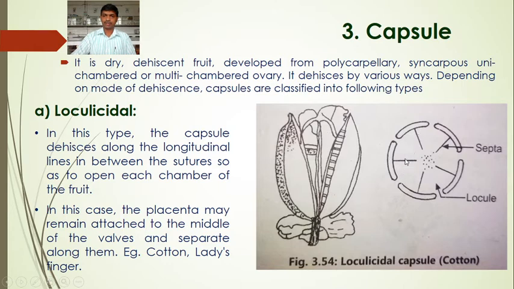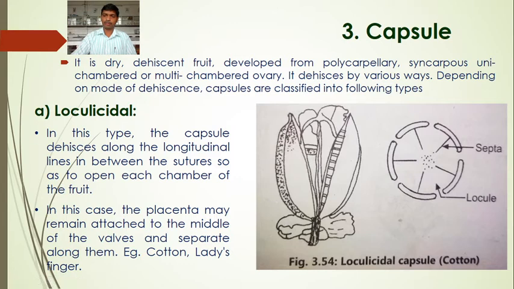This is one suture, this is another suture. This is one chamber, this is second, third, fourth and fifth. So it is a multi-chambered ovary.